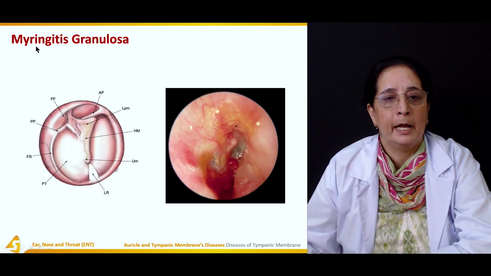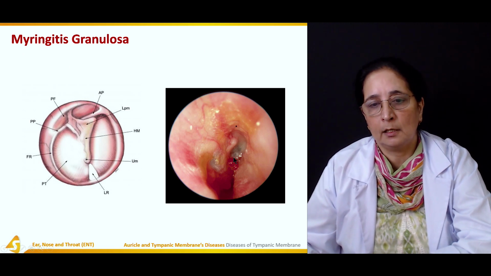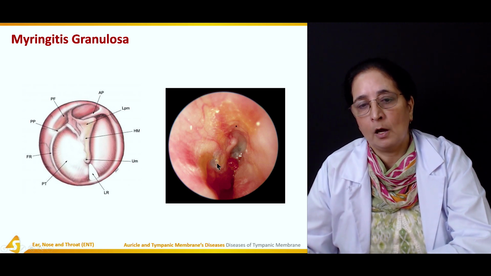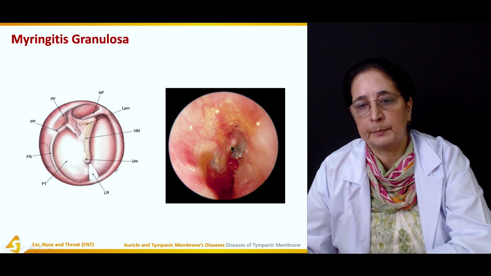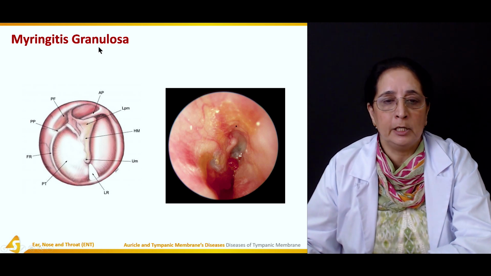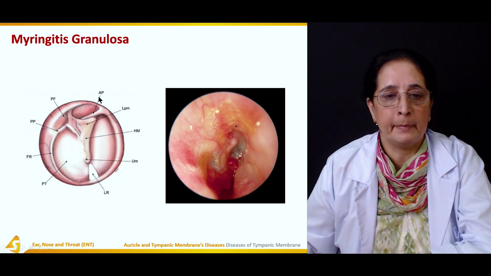Next is myringitis granulosa. As the name shows, granular tissue is present on the tympanic membrane. These are the granulations present, and it is known as myringitis granulosa. In this, you can see the different parts of the tympanic membrane.